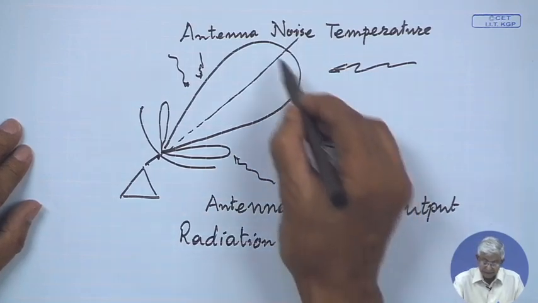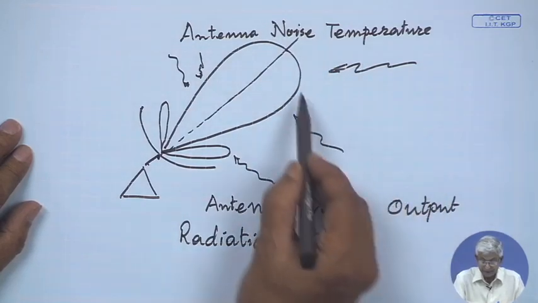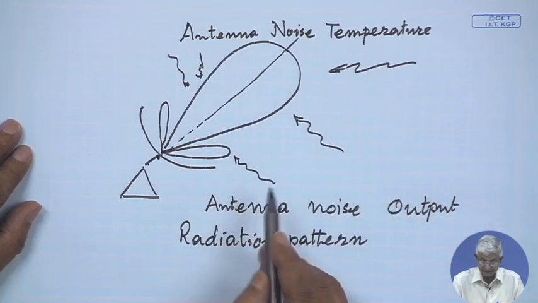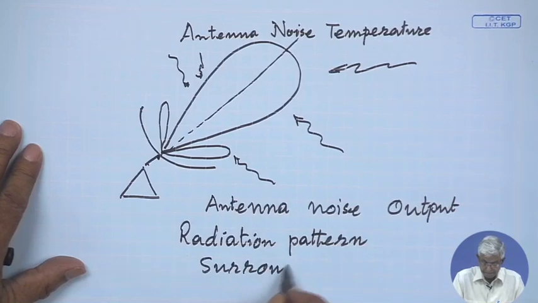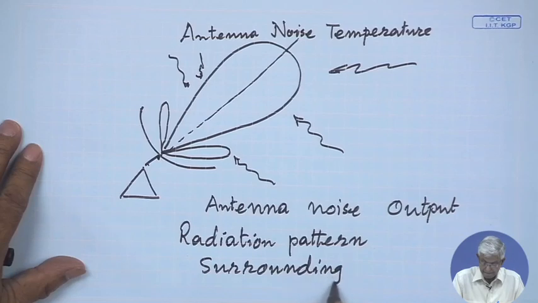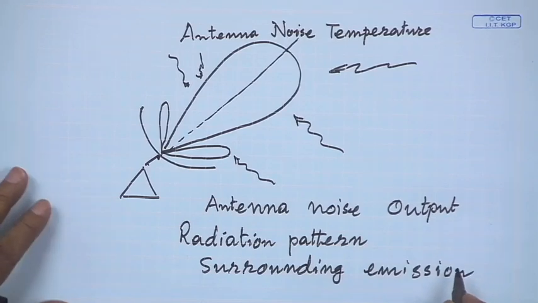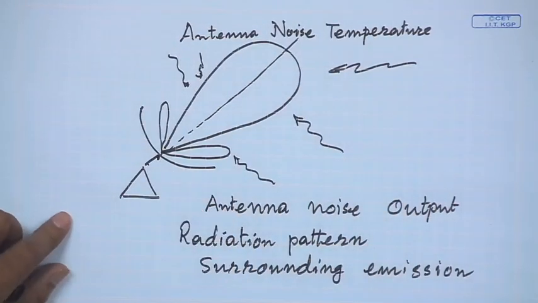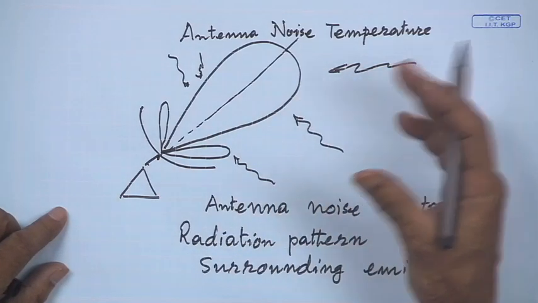In this radiation pattern, the surrounding emissions are not coming uniformly in all directions; noise is coming more from one direction, and from some direction it may be less. So, it depends on surrounding emission. The whole thing, how much noise is received at this point, can be called as if a resistive noise is appearing.